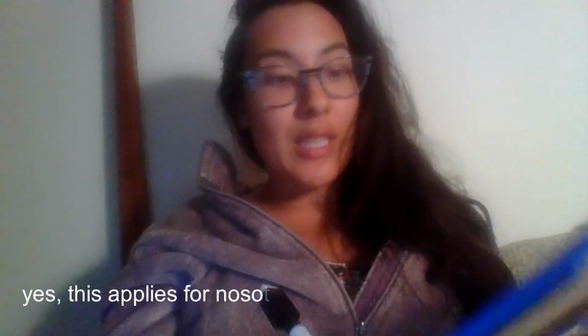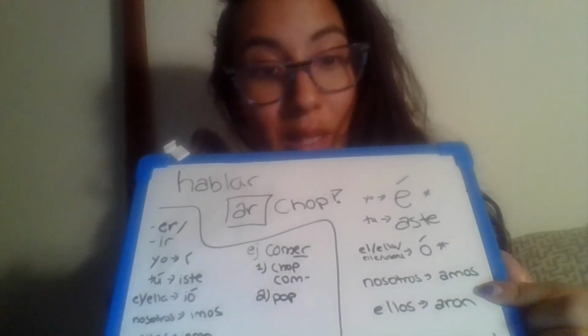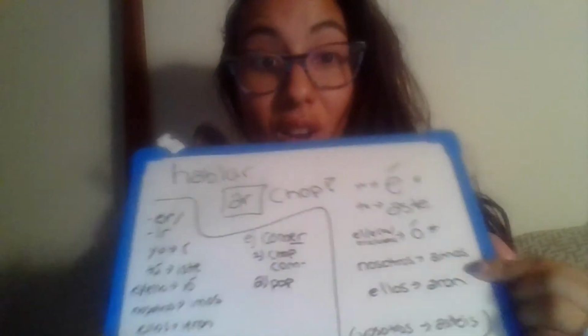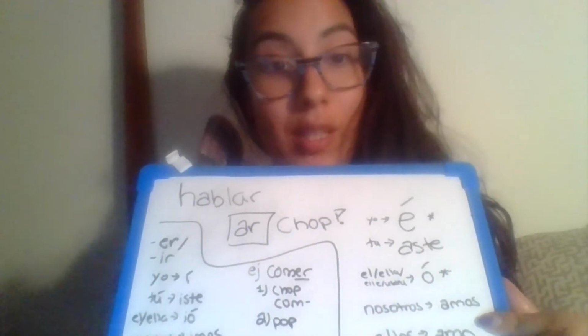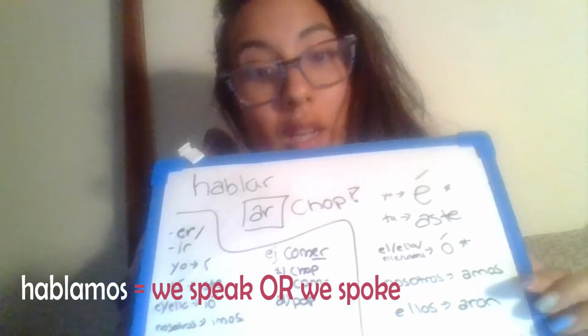Also, I want us to consider something about past tense versus present tense for nosotros. So nosotros, it's really interesting. We have in past tense, it stays amos. What do we know about AR verbs in the present tense? They're also amos. So nosotros hablamos could mean we speak or we spoke.